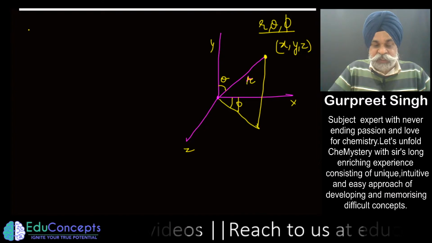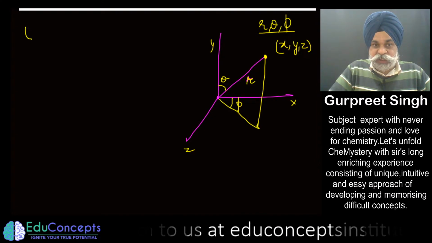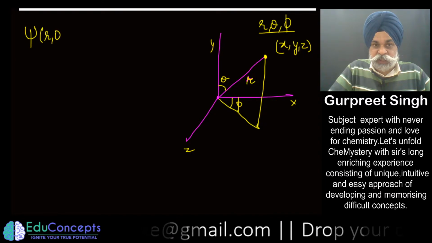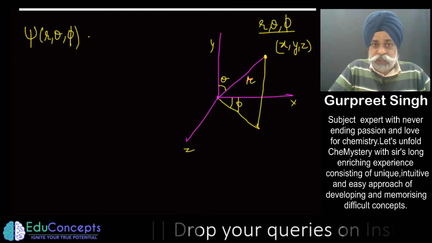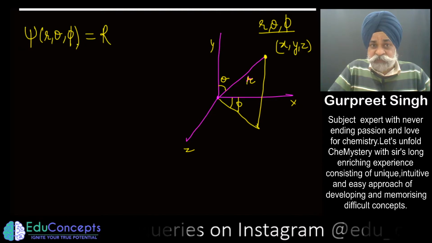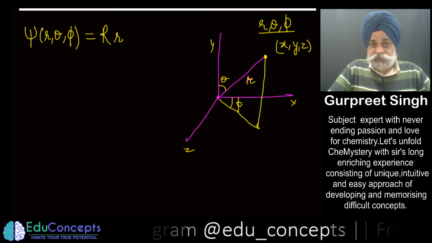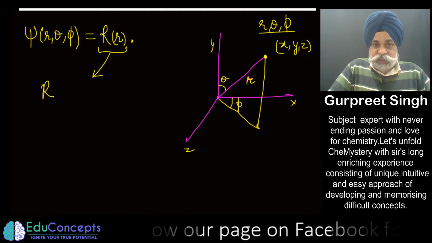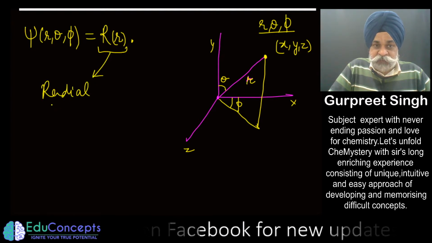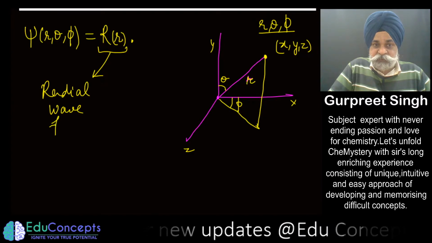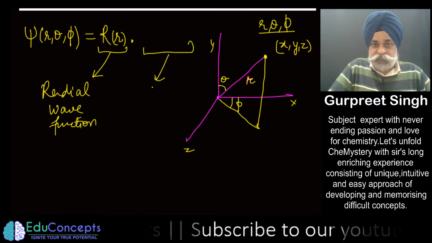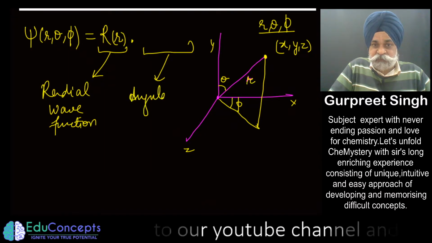Now, the electron is associated with a wave function, and this wave function has a dependency on r, theta, phi. This wave function in itself consists of two things: the radial wave function, and the second part, which we refer to as the angular wave function.